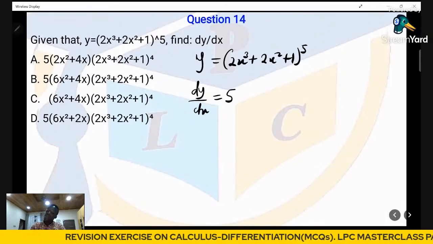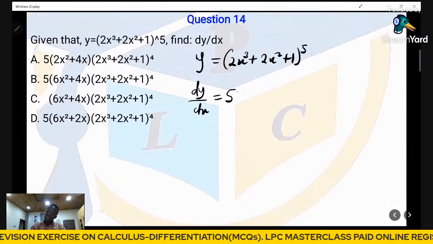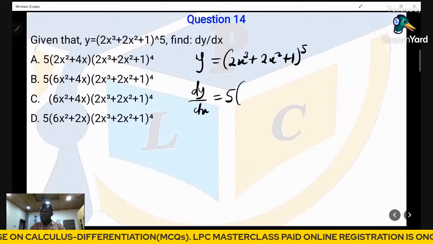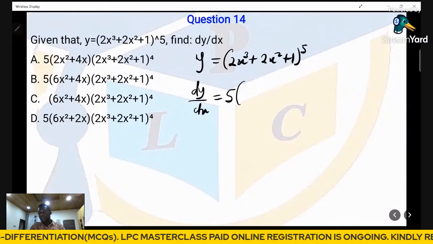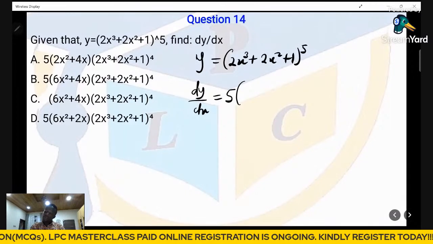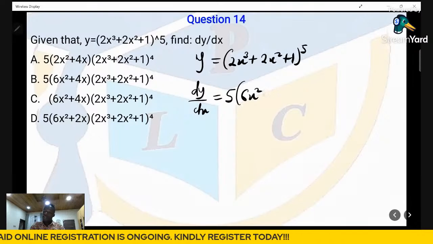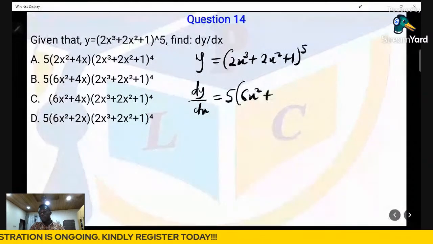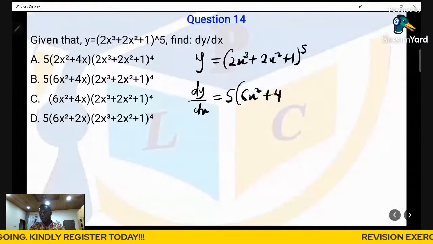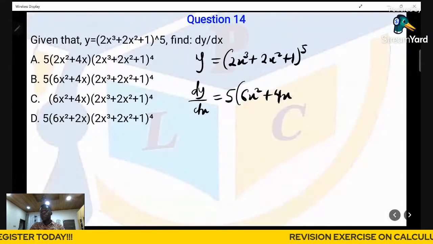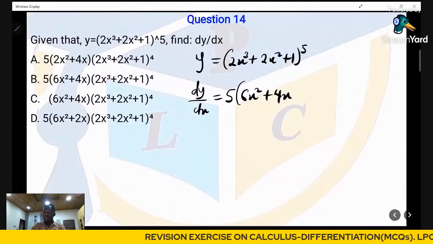After differentiating the power, then you come back to differentiate individual terms in the bracket. So I'll differentiate 2s cubed, for which I'm getting 6s squared, plus differentiate 2s squared, for which I'm getting 4x. The differential of a constant results to 0, so I don't bring that into consideration.